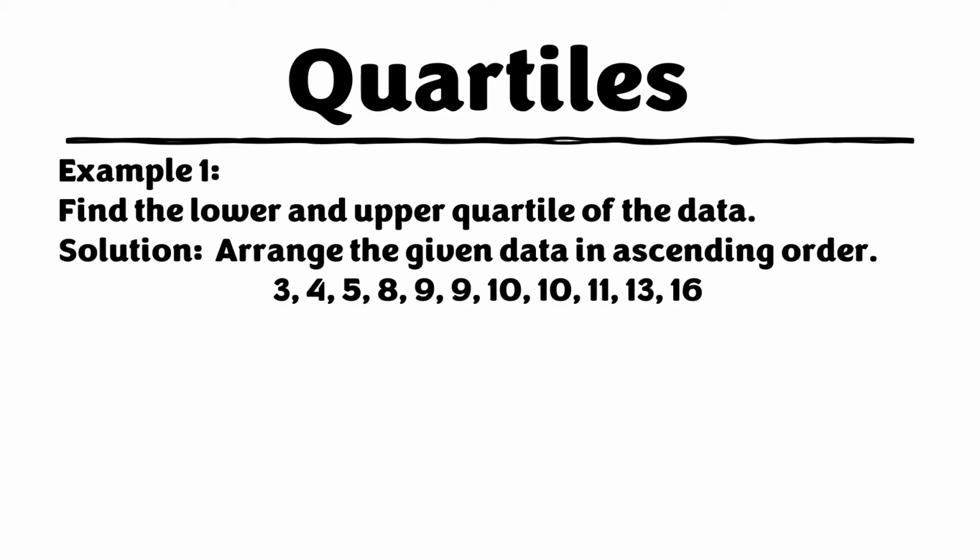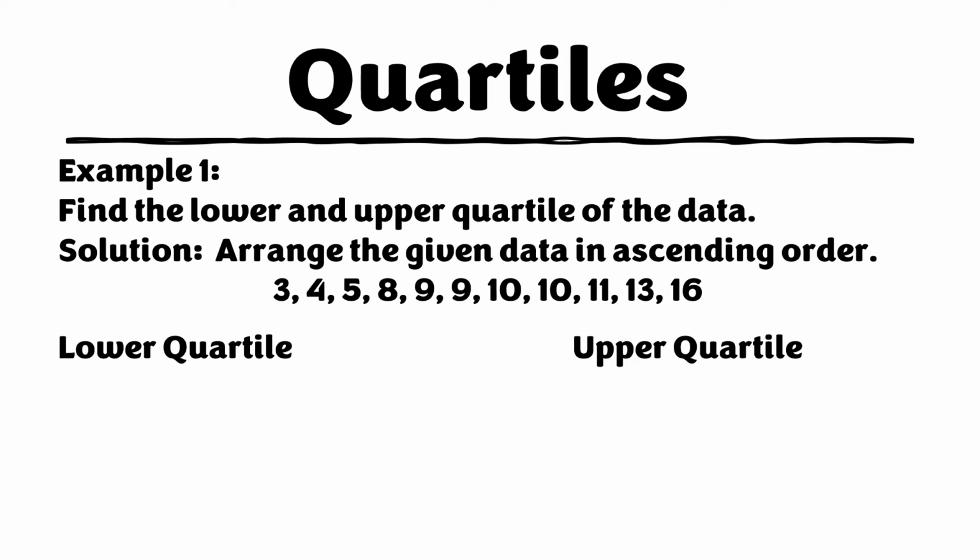After arranging the given data in ascending order, next step is we're going to determine the lower quartile of the data. So we have Q sub 1 is equal to n plus 1 all over 4. So the value of n is 11 since we were given 11 data.